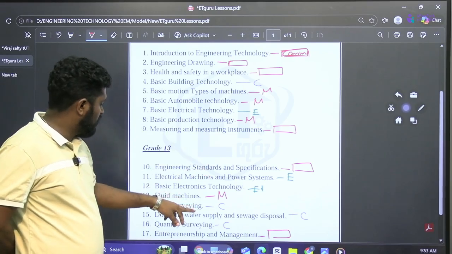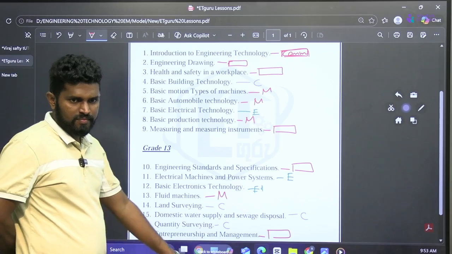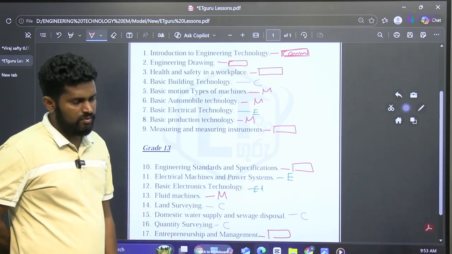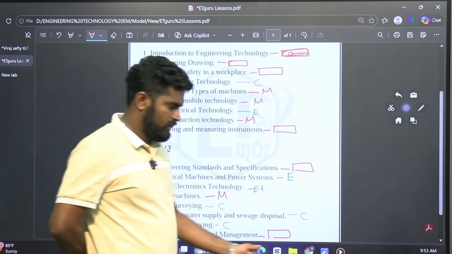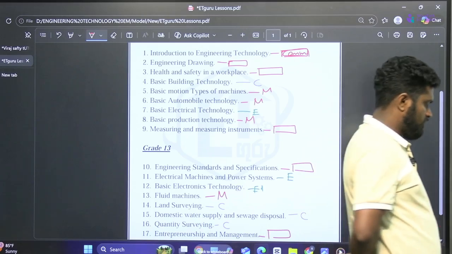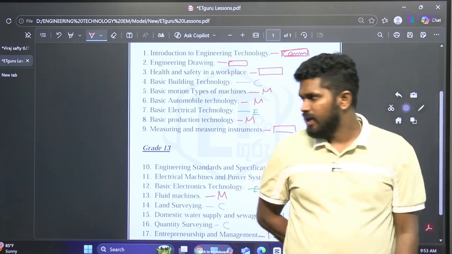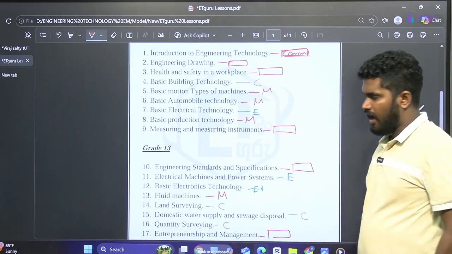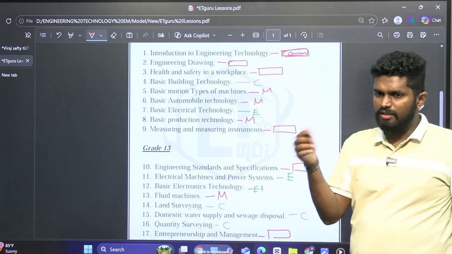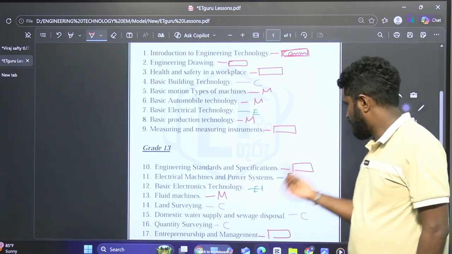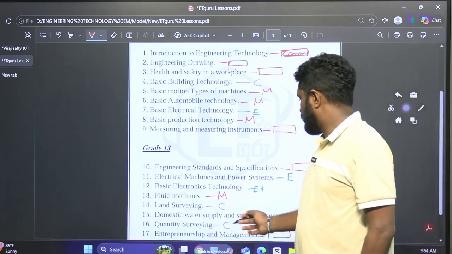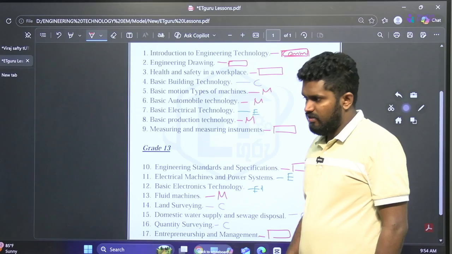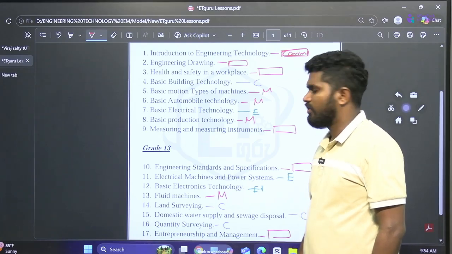Then how to do a survey, because before manufacturing a building we have to do the survey. Then we have to supply the water to the building, and these I explained in the first session. Then there is how to get the estimate for any construction part, building or road.